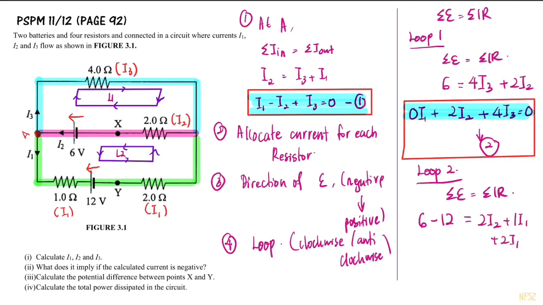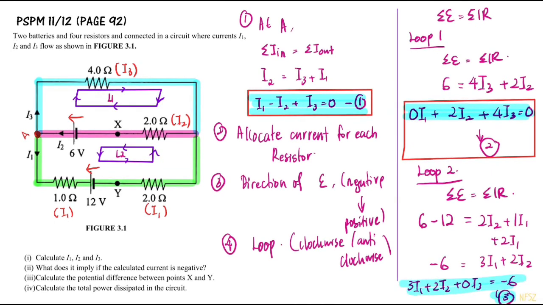Okay, so kita totalkan, so dapat negative 6 equal to 3I1 tambah 2I2. So saya rearrange equation saya jadi 3I1 plus 2I2 plus 0I3 equal to negative 6. This is my third equation. Okay, sorry, salah sikit. Kat sini saya salah. Sepatutnya adalah bukan kosong. Sepatutnya adalah 6.